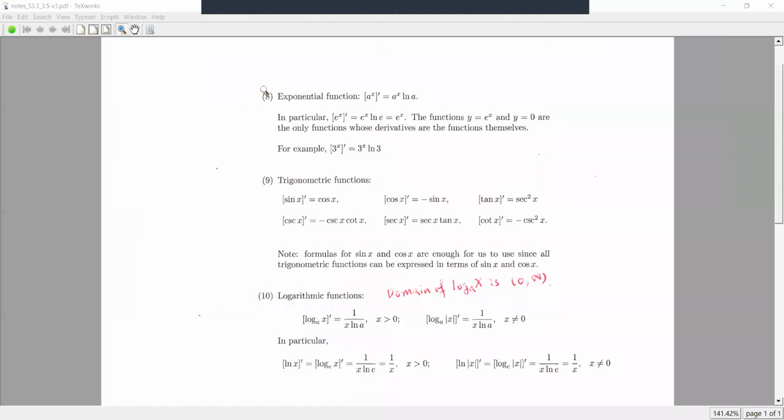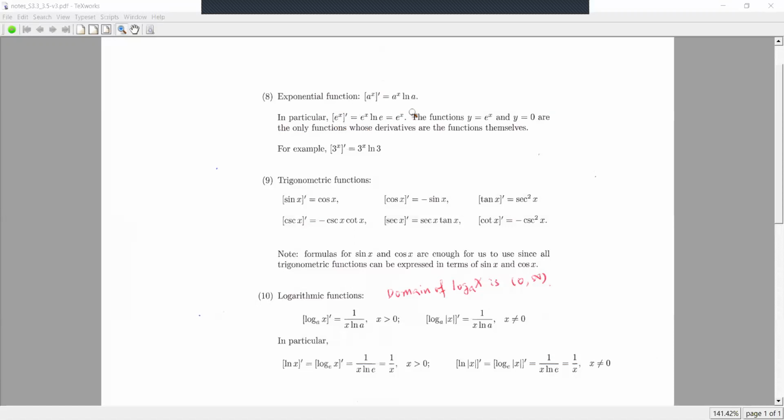Formula number 8. Derivative of the exponential function a to x is a to x times natural log of a. In particular, derivative of e to x is e to x times natural log of e. Natural log of e is 1, so derivative of e to x is e to x.